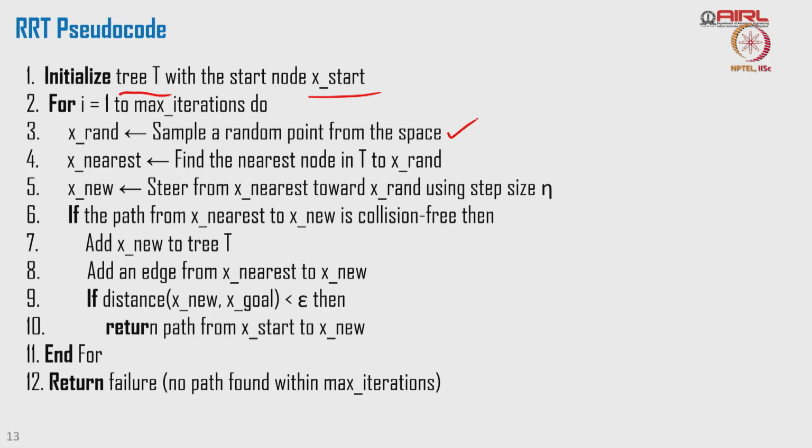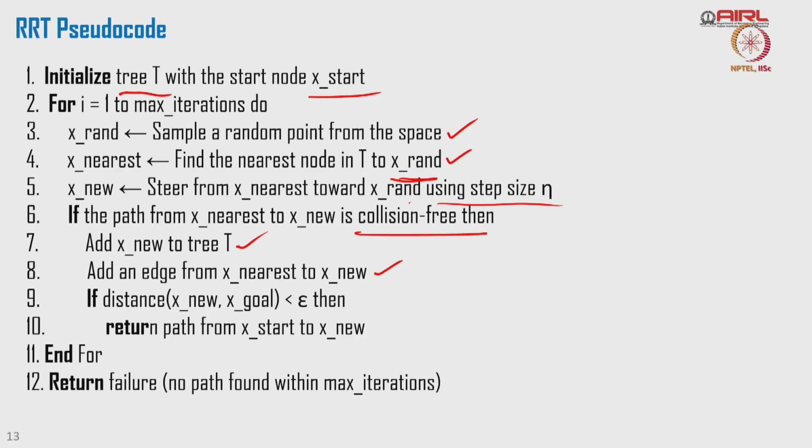Then we check which is the nearest node in T to x rand. Now, for x new, we steer from x nearest toward x rand using the step size eta. If the path from x nearest to x new is collision free, then we add x new to the tree and add an edge from x nearest to x new. That means it becomes the path.